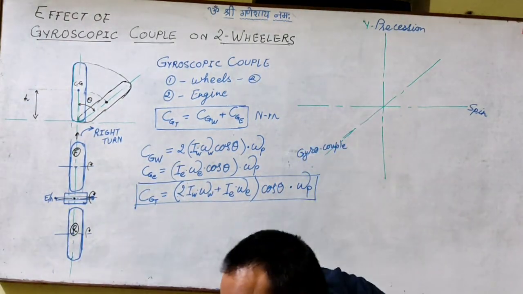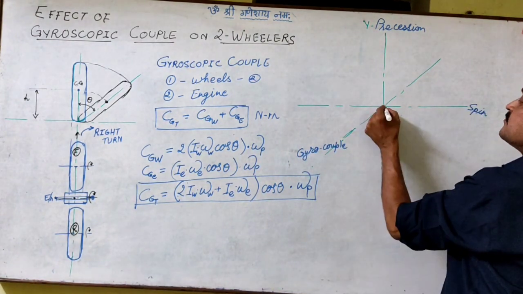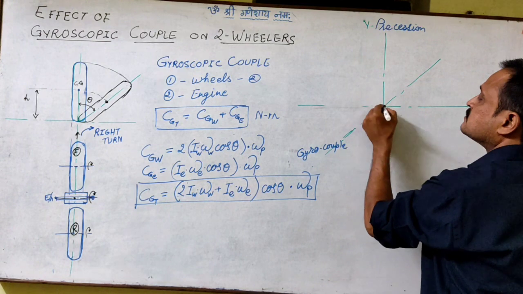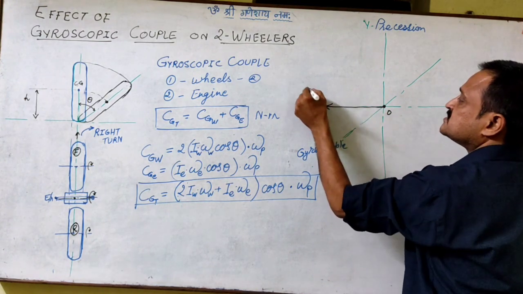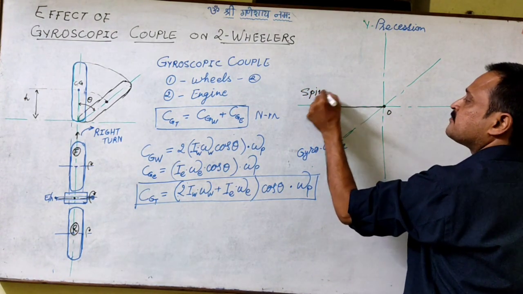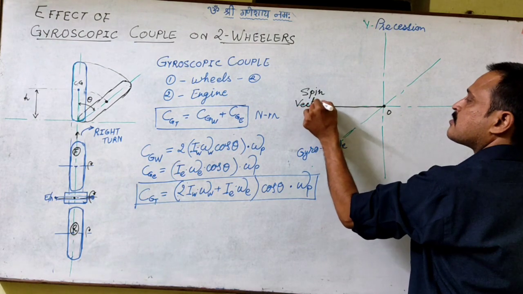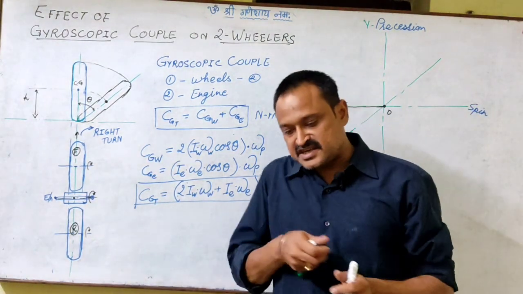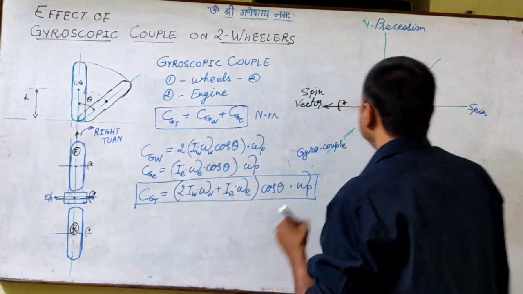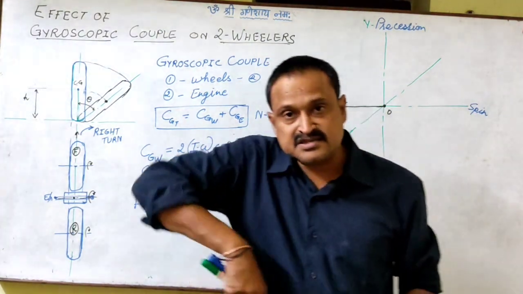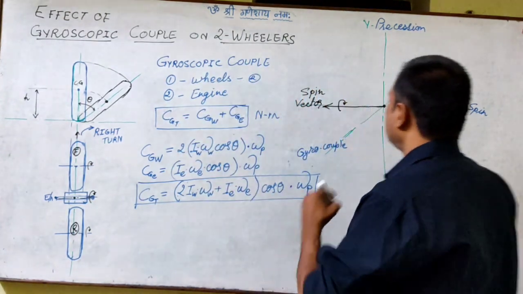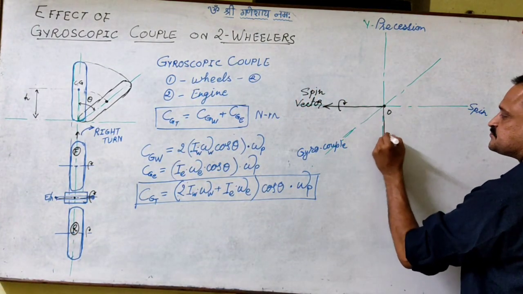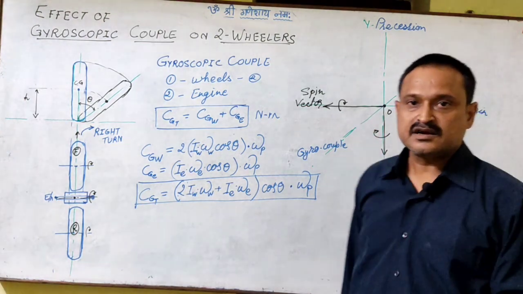So this is the spin vector, which is turning clockwise. For precession, the vehicle is taking a right turn, so again it is clockwise, looking from the top; this vector is pointed downwards.